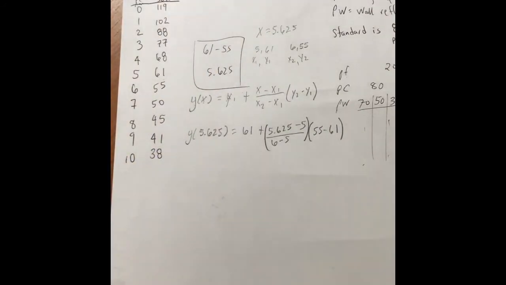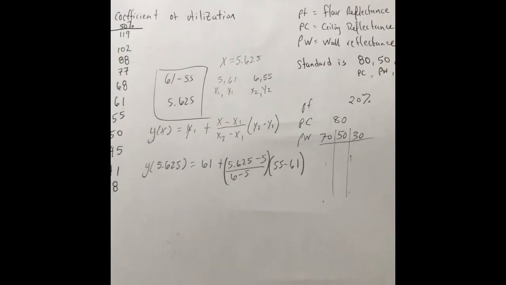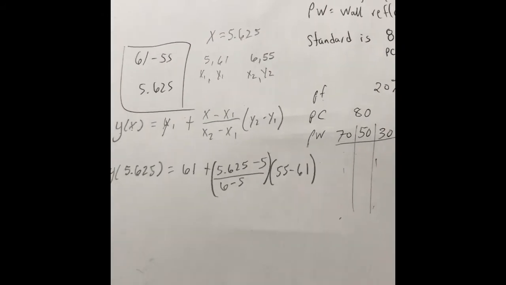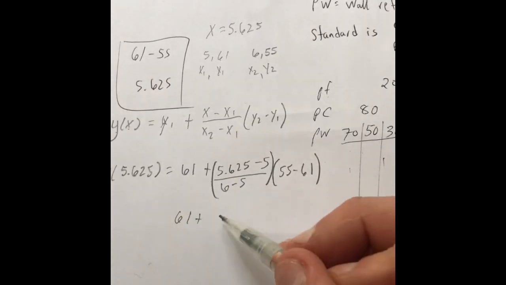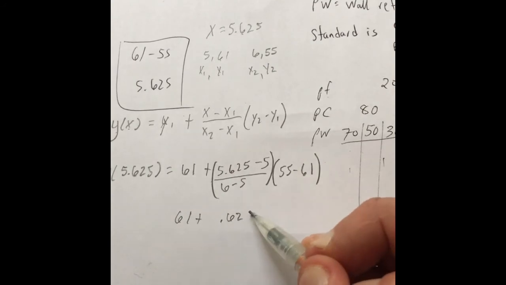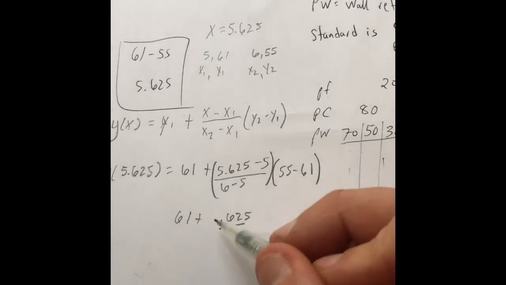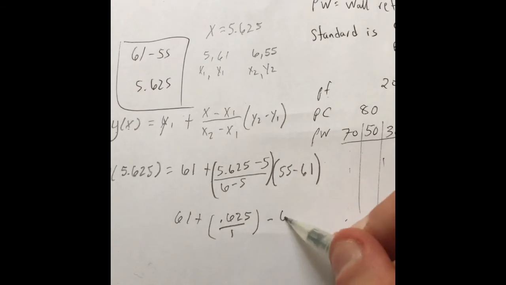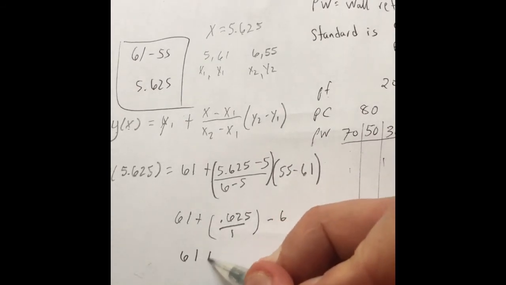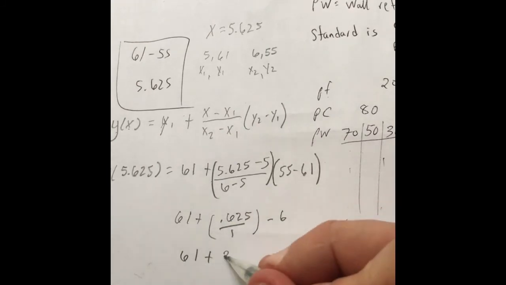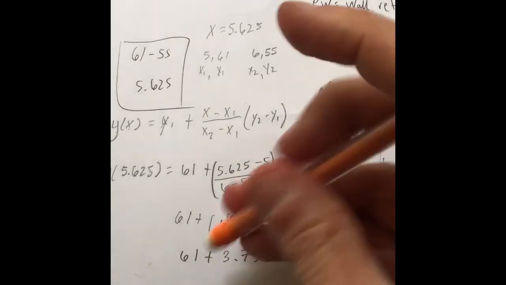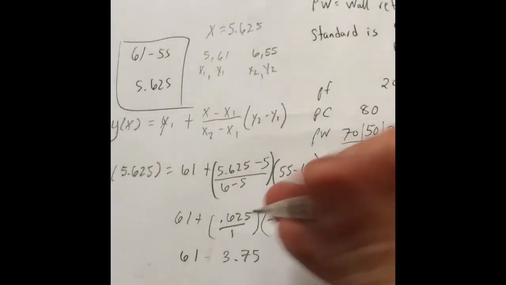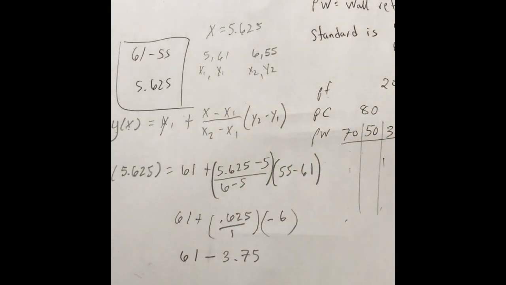So we've got 61 plus 0.625 over 1, which is really 0.625 times negative 6. 61 plus, that's actually minus 3.75, equals 57.25.